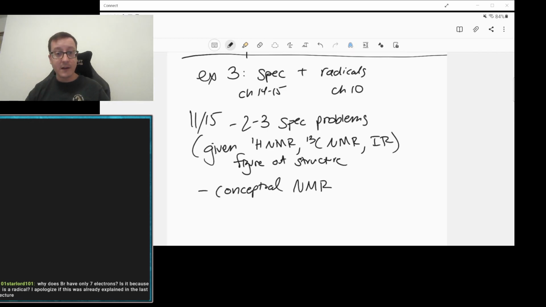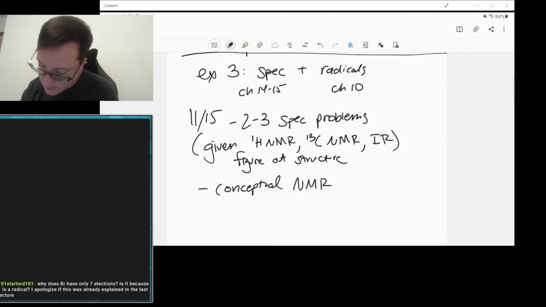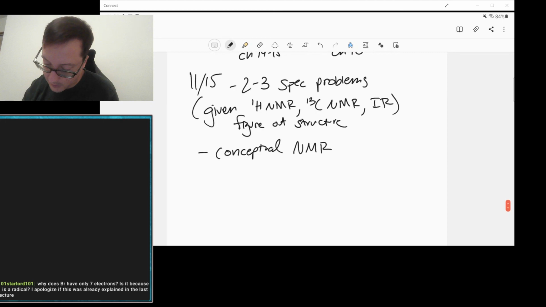And then you'll also have some radical chemistry. So by and large, we're looking at about, I would say, 66% will be spec, and the other third will be radical stuff.